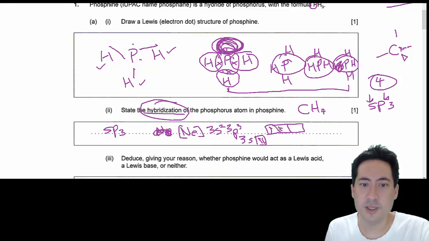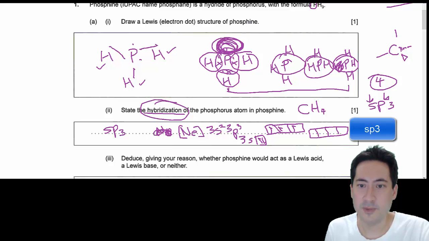It goes from 3s2 3p3, and then once it gets hybridized, they all become even down here, so now there are 4 of them, the sp3s. The difference is that one of those has a lone electron pair.